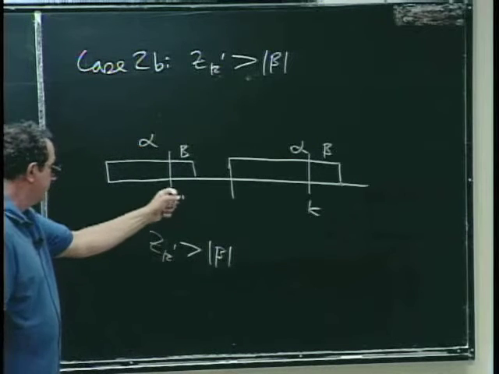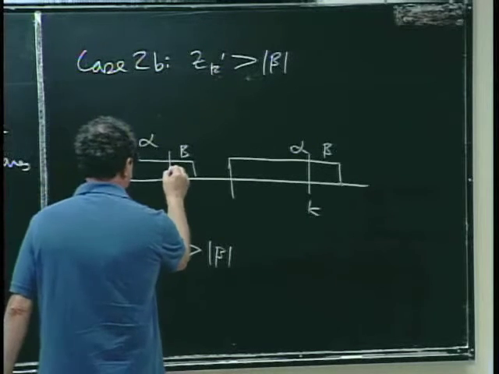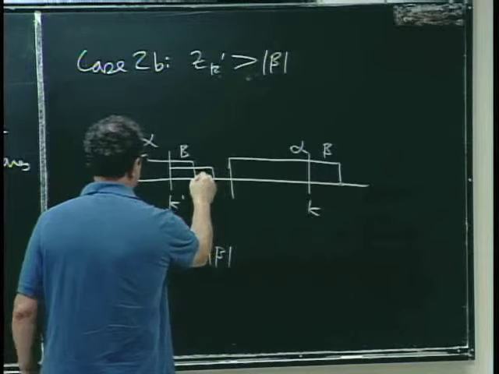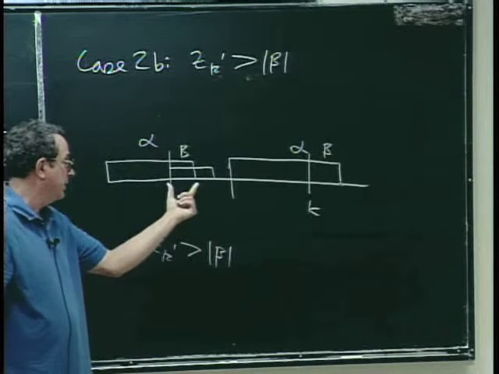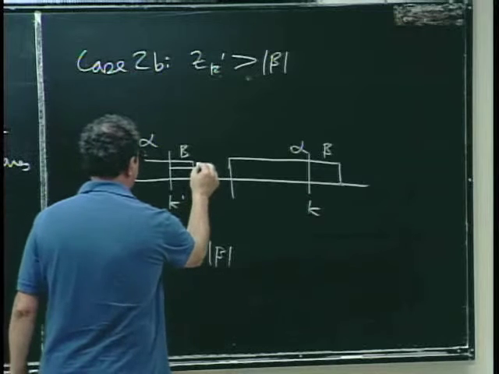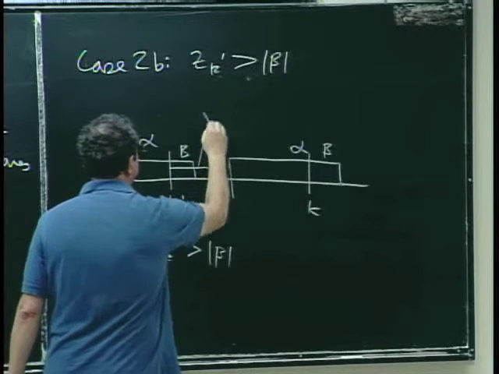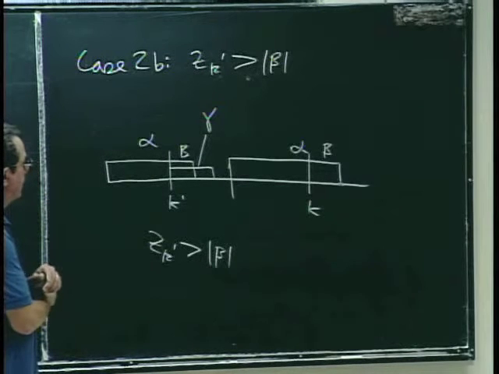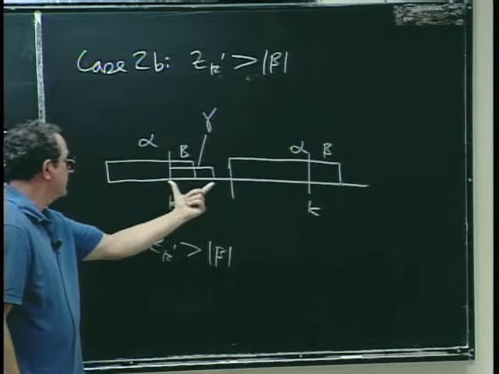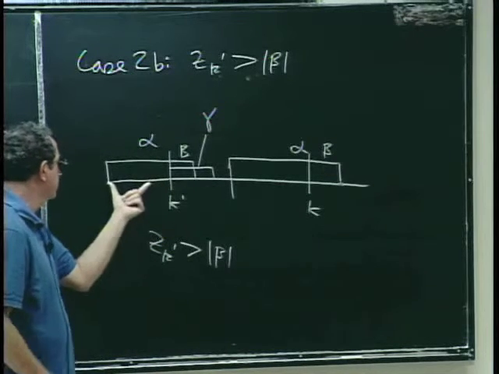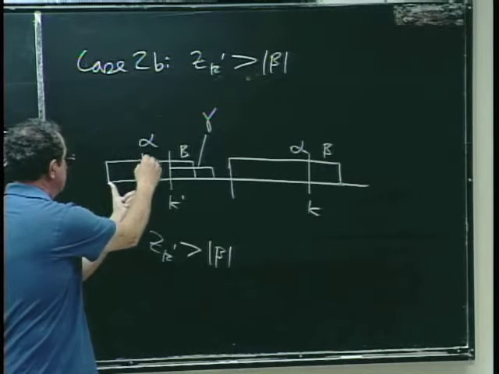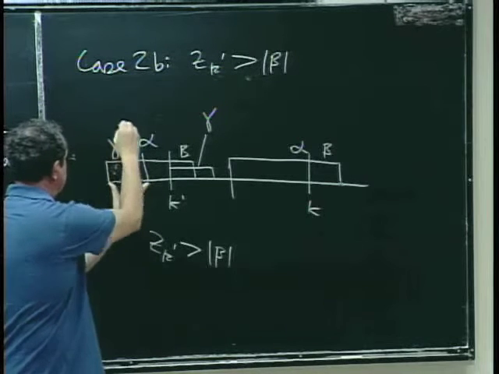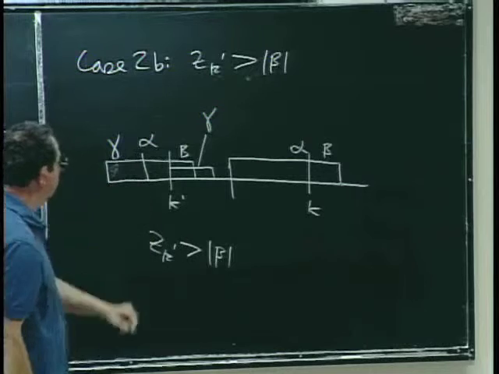That means starting from position k prime, there's a substring that definitely goes beyond that beta. We can call it gamma. And that means that this gamma occurs as a prefix here. So that's gamma, that's gamma. So that occurs as a prefix.